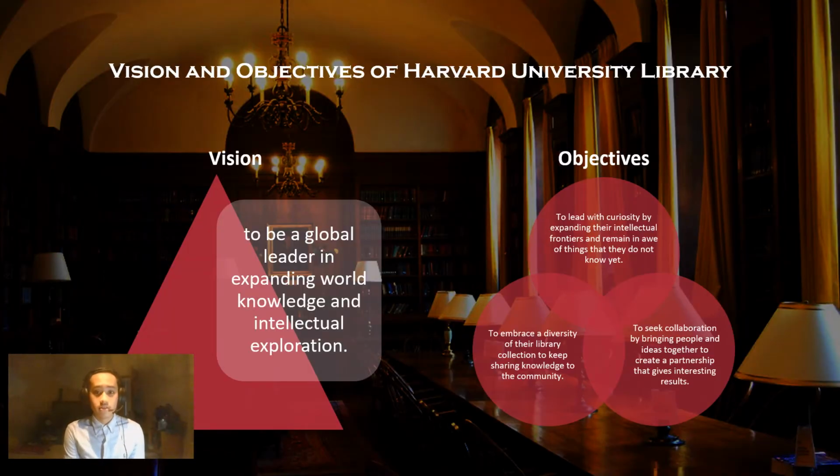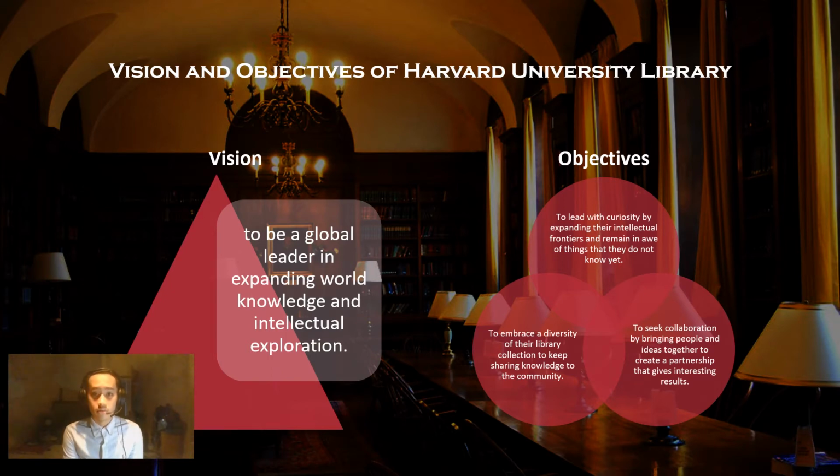Okay, so next is the vision and objectives of Harvard University Library. Harvard University Library aims to be the global leader in expanding the world of knowledge and intellectual exploration. They are aiming to become the leader to spread knowledge and wisdom to the world. As for objectives, they have three main objectives. First is to lead with curiosity by expanding their intellectual frontiers and remain in awe of things that they do not know yet.